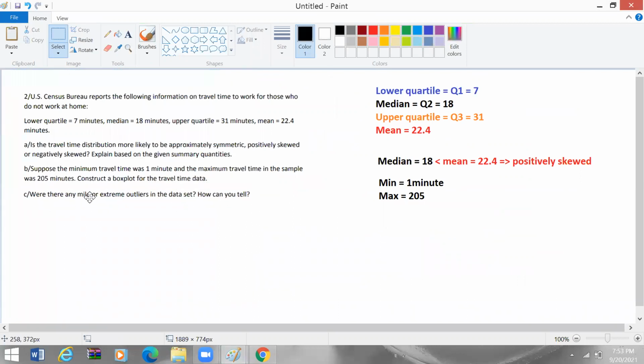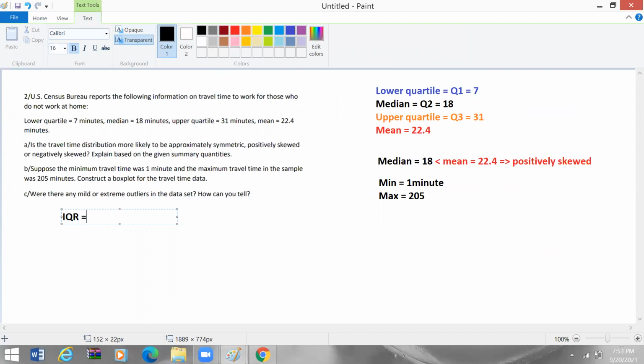So my question is, are there any outliers and how can you tell? So we can actually construct the IQR, right? It will be equal to Q3 minus Q1. So we can't just say exactly that 205 minutes is going to be the outlier, because I feel it's going off the tangent. Nobody actually spent more than 3 hours getting to work, including my sister.